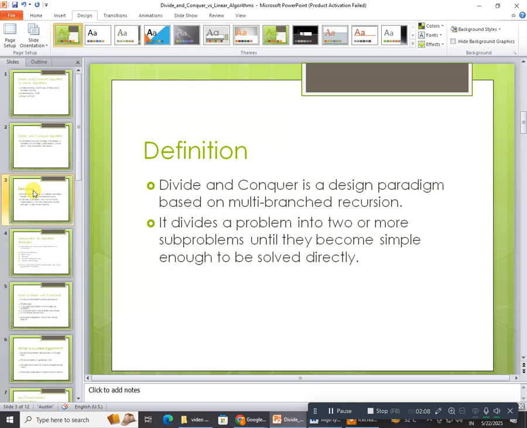In the next para you can see it says it divides a problem into two or more sub problems until they become simple enough to be solved directly. Suppose you are being asked to manage a class of 60 students.